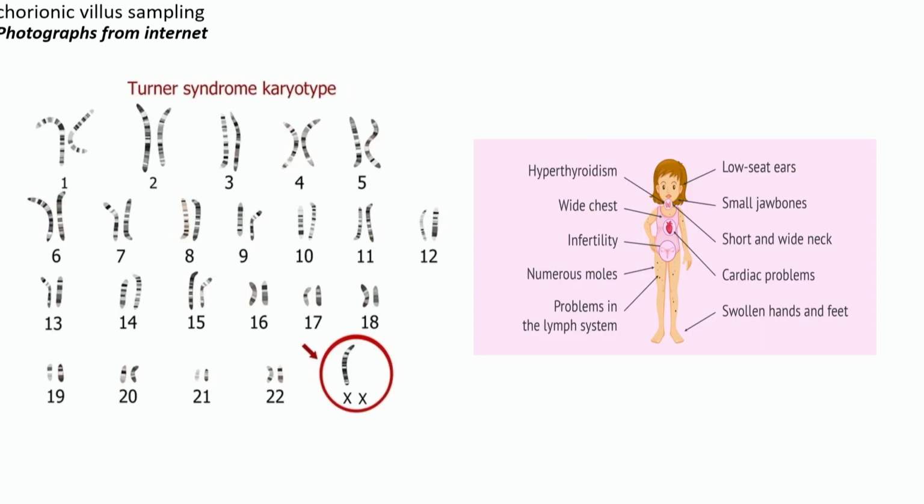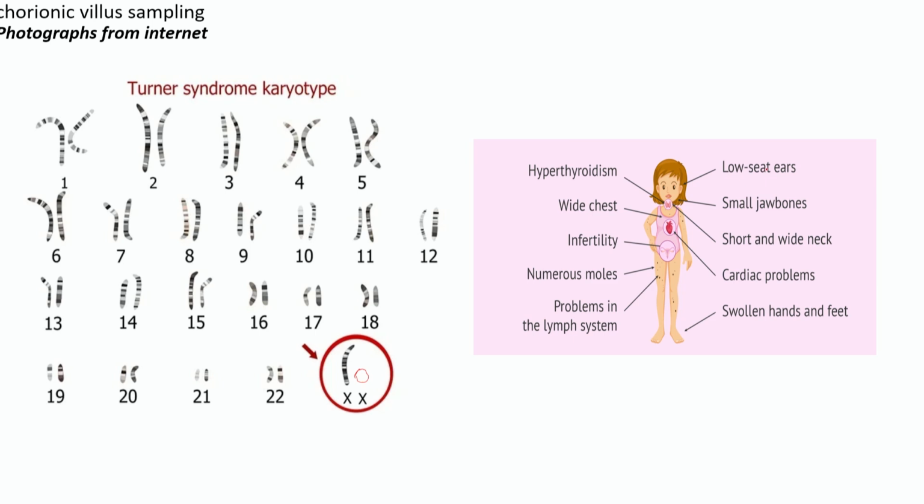This we had seen earlier, that this is Turner syndrome, where the individual contains only 1 X chromosome. Another X chromosome is missing. You call it XO. O means 0, no X chromosome. So here we have already discussed some of the features.